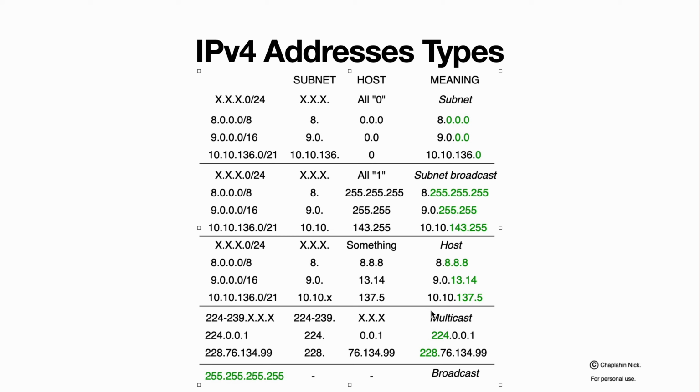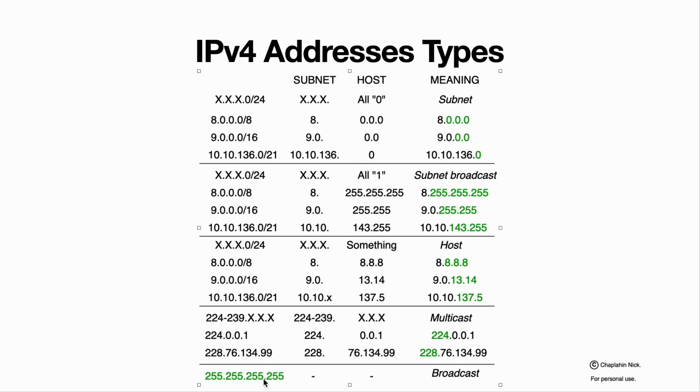And for multicast, this is very simple. Only the first section of the IP address counts. If the first byte of the IP address is between 224 and 239, this is a multicast address. It means that any IP address that starts with 224, 225, 230, 228 specifies that this is a multicast IP address with some specific group address that is used again by multiple protocols, features and functions for their own needs.